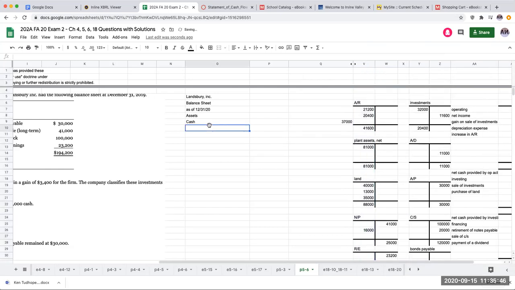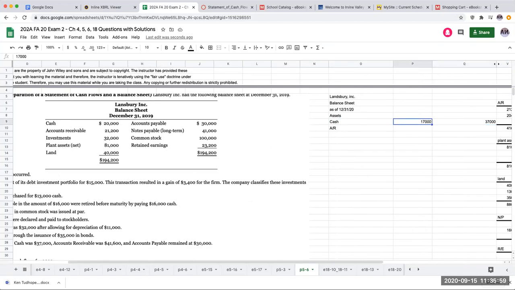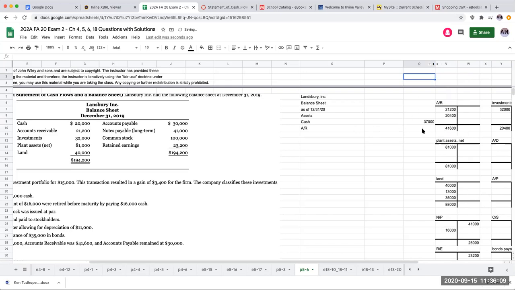Okay, so I got cash. I have accounts receivable. My cash we said was, what did we say cash was? Cash was 37,000. Oh, already had it over here. Okay, so I got cash at 37. Accounts receivable is going to be at 41,600.